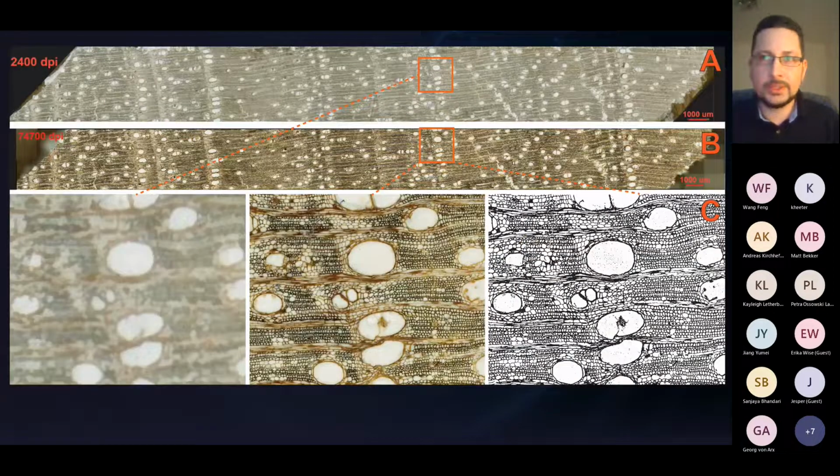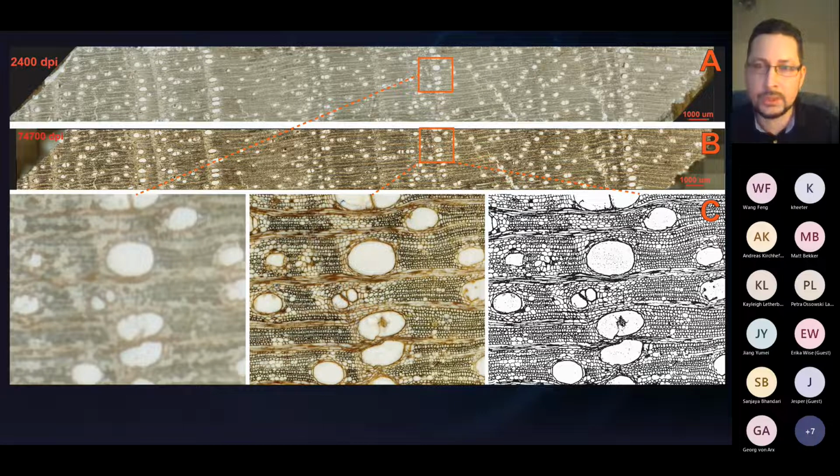So another, moving beyond conifers, we started experimenting with some, this is a species, Cedrela odorata. Basically, we wanted to see, if we look at a standard scan from a regular scanner system, a high resolution image of this anatomically much more complex and structurally more complicated sample, what sort of details can we see?